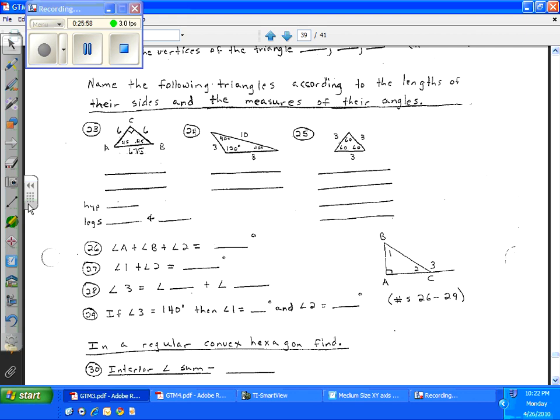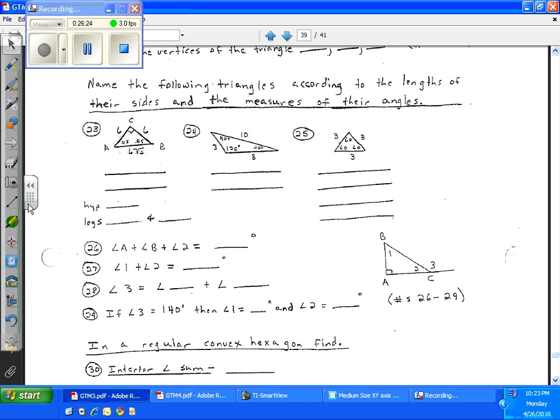If all of the angles are less than 90, we say that it is an acute triangle. If it has one angle equal to 90, we call it a right triangle. If we have one angle greater than 90, we call it an obtuse triangle. And we know that there can be at most one obtuse or one right angle in a triangle.